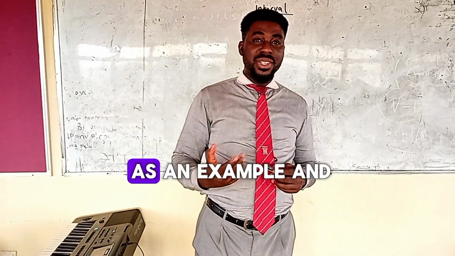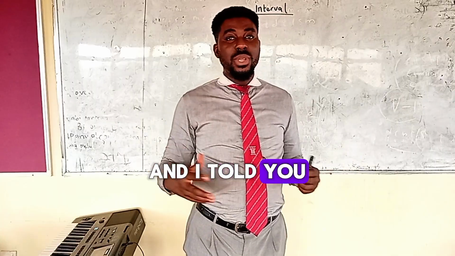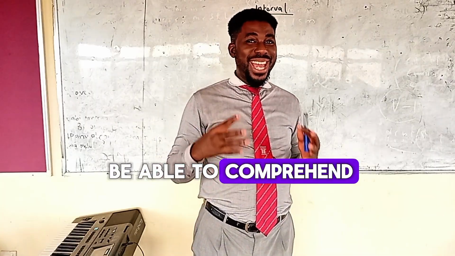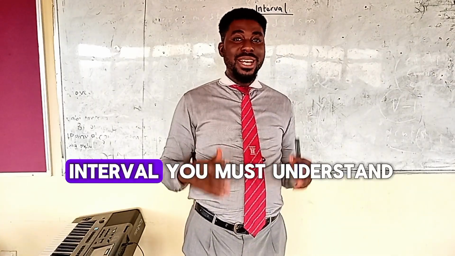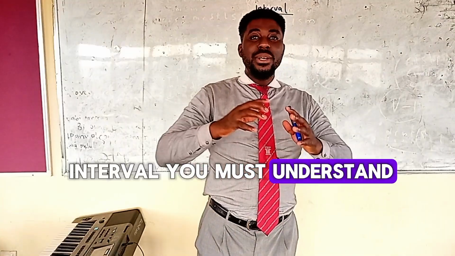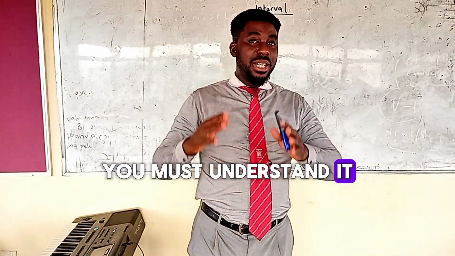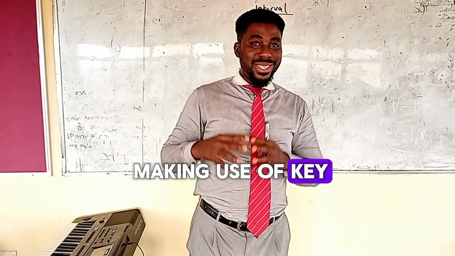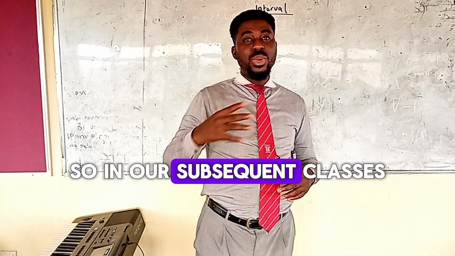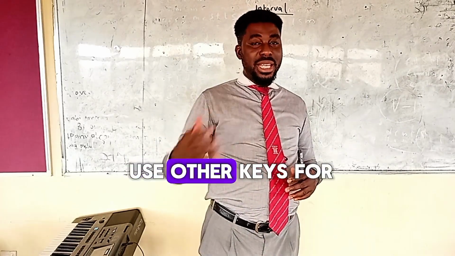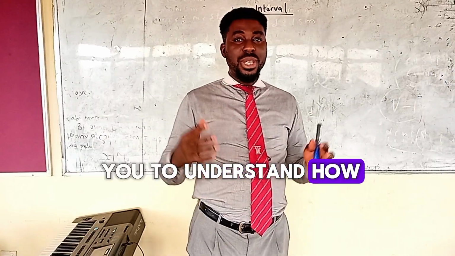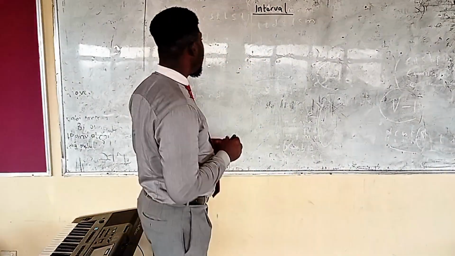We are using C as an example, and for you to be able to comprehend the concept of interval, you must understand the major scale of all the keys. But we are making use of C for now. In our subsequent classes, we are going to use other keys for you to understand how it flows.